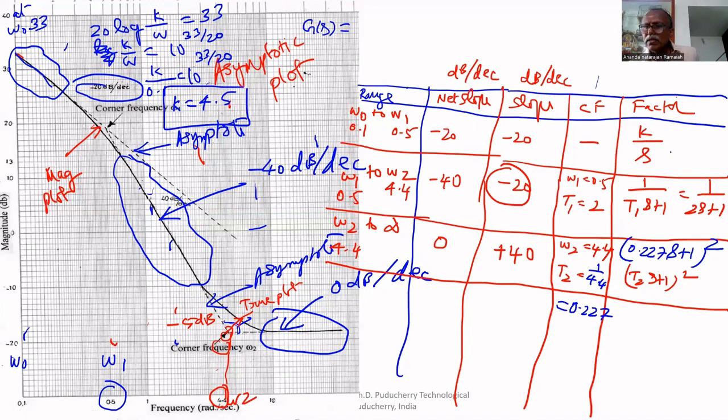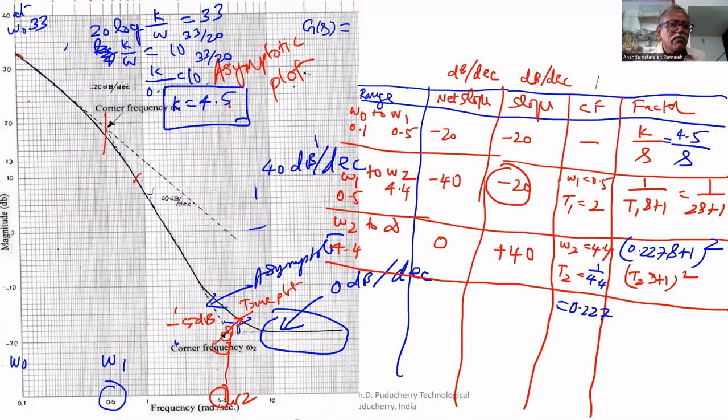So K also we know, that is equal to 4.5 divided by s. So we got the transfer function. This is the first slope, that's why 1 by s. If the first is a horizontal line, it means K only. This is K by s. If positive slope, it means K s.